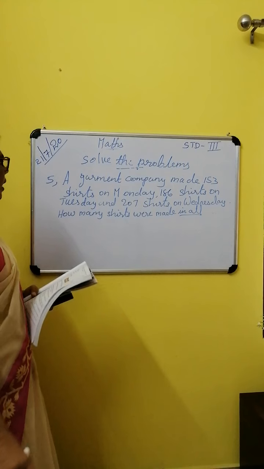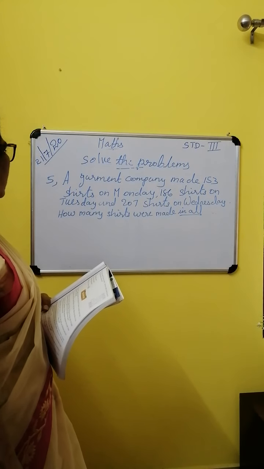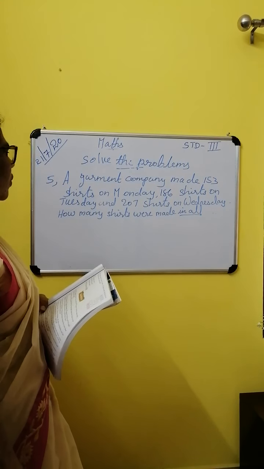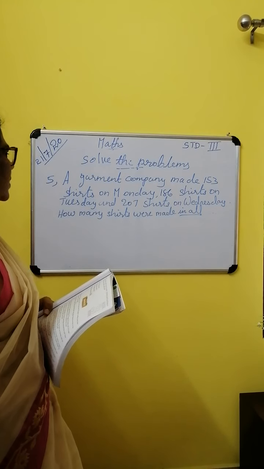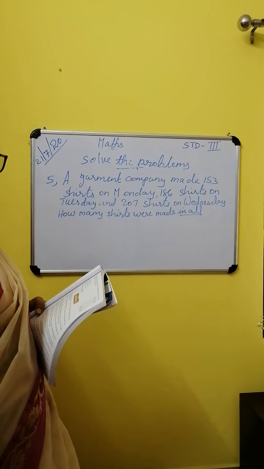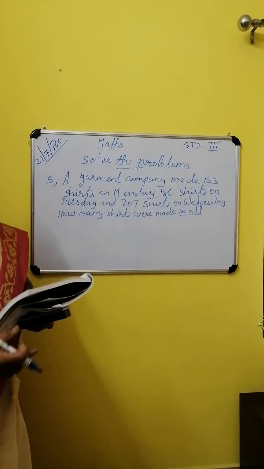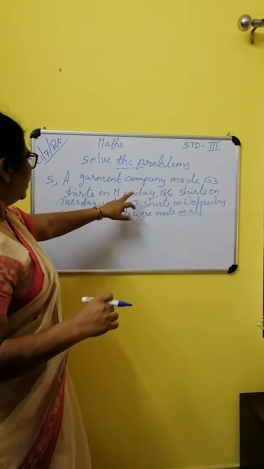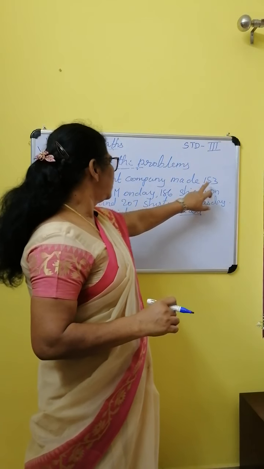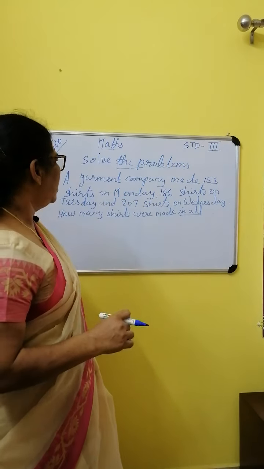A garment company made 153 shirts on Monday, 186 shirts on Tuesday, and 207 shirts on Wednesday. How many shirts were made in all? Okay. Here is the number, 153 shirts on Monday.